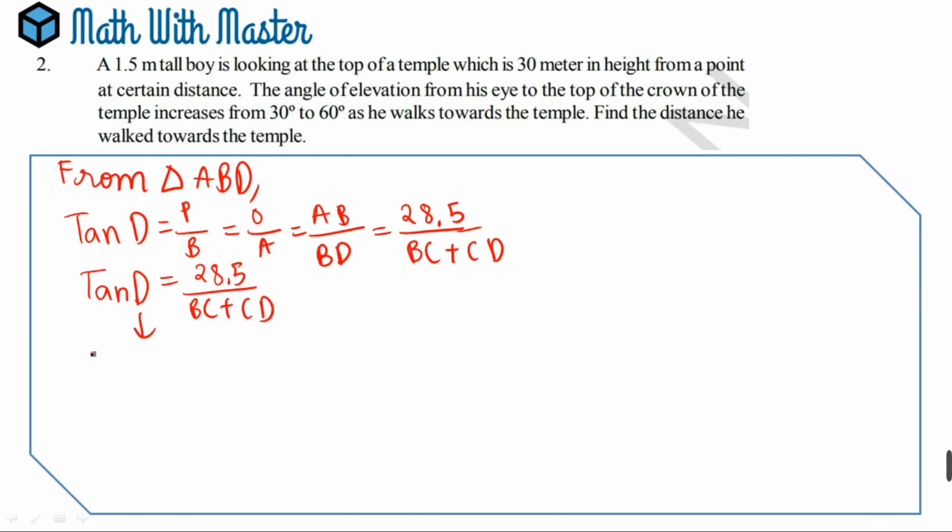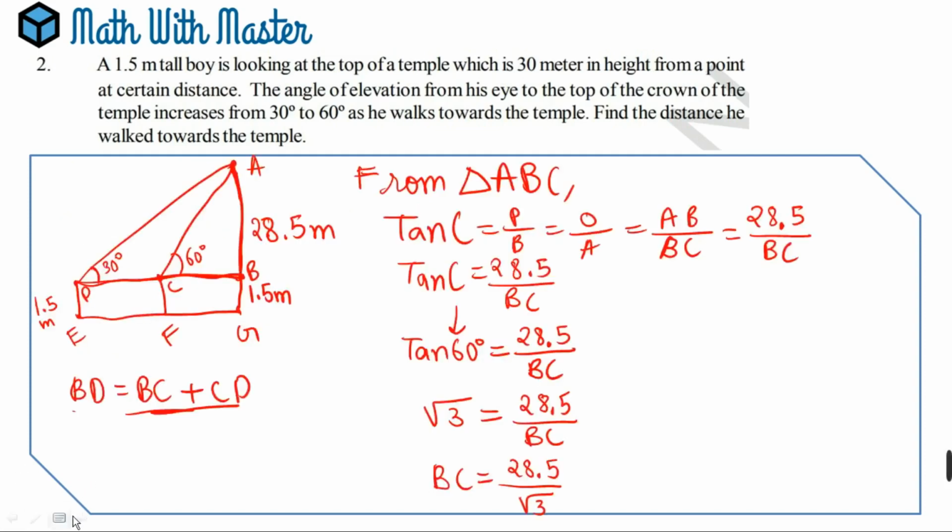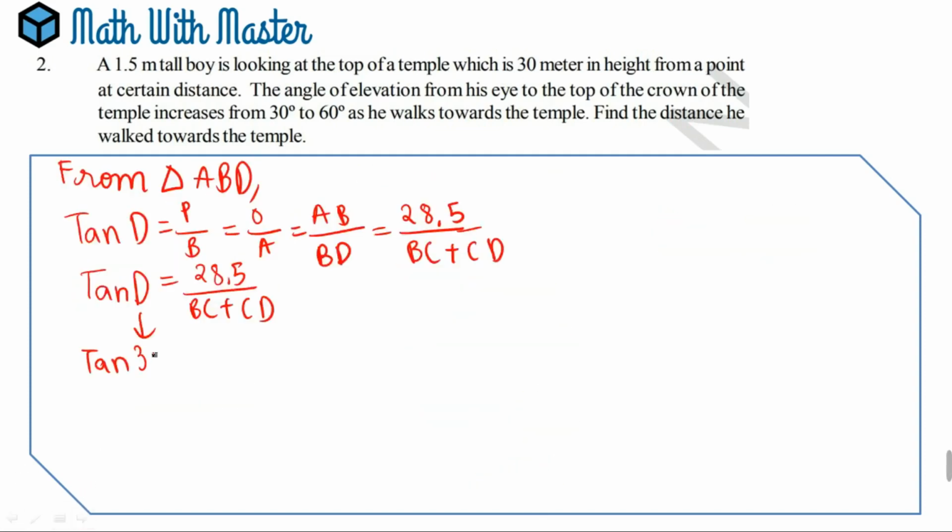Instead of D, I can put the real value of D, which is 30 degrees. If tan D is equal to tan 30 degrees, then D should be equal to 30 degrees. So tan 30 degrees is equal to 28.5 upon BC plus CD.